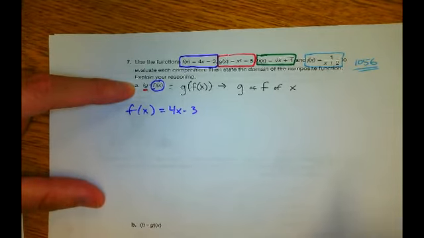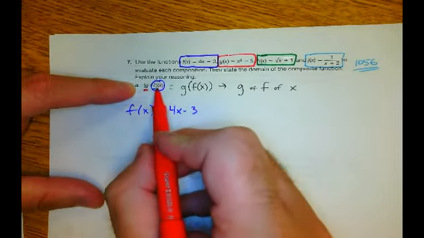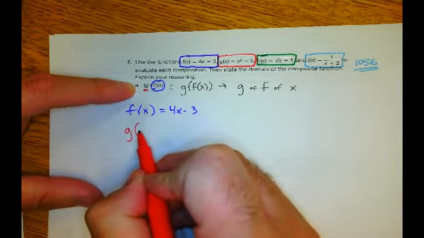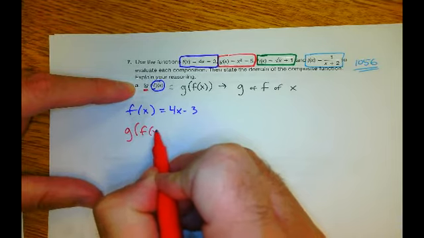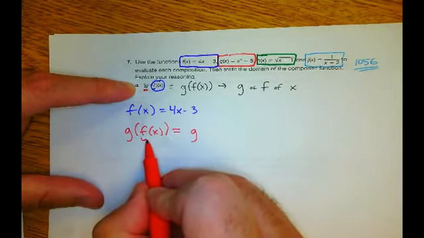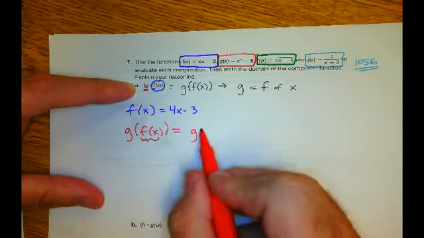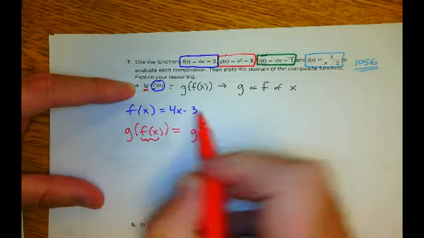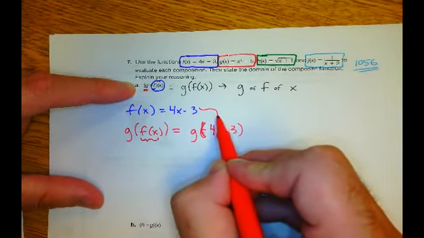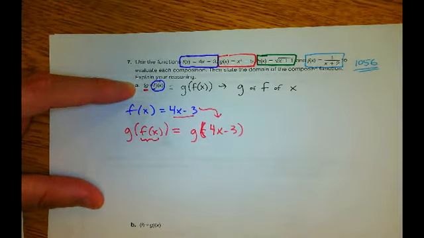And what we're going to do is take that equation and plug it into the g equation, because we don't have any input other than x. So the g of f of x equation means you take the g equation and you plug in whatever f of x is. Which means we're going to plug in 4x minus 3, because this is what f of x is.